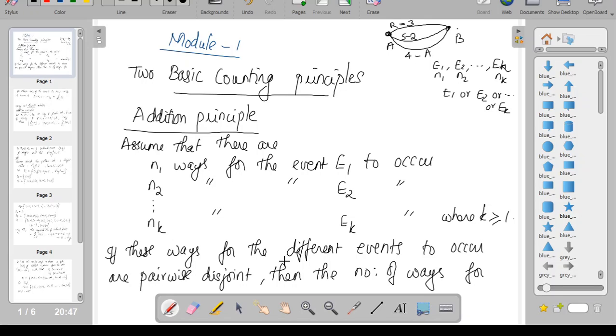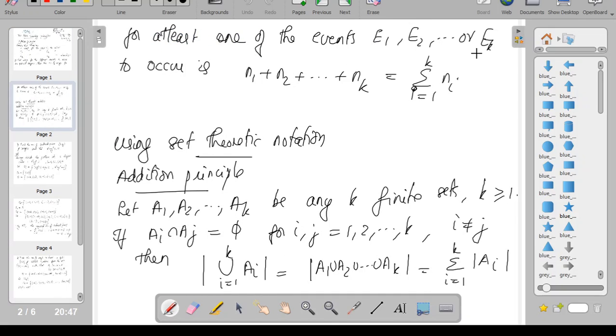If these ways for the different events to occur are pairwise disjoint, here going via road is independent of going via sea transport, which is independent of going via air, so these are pairwise disjoint, then the number of ways for at least one of the events e1 or e2 or etc. ek to occur will be the sum of all the ways. So it will be n1 plus n2 plus etc. nk, that is summation i equal to 1 to k of ni.